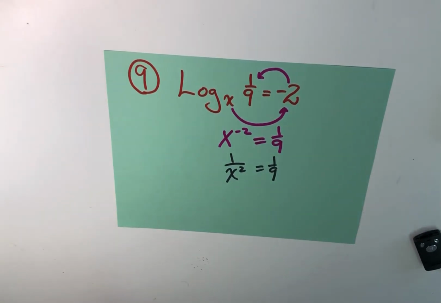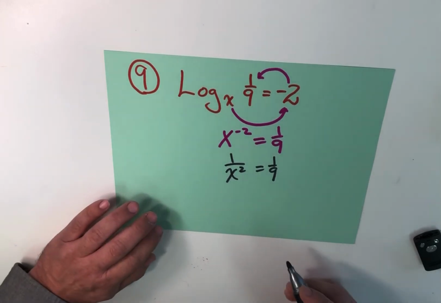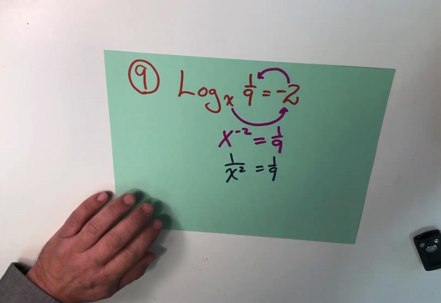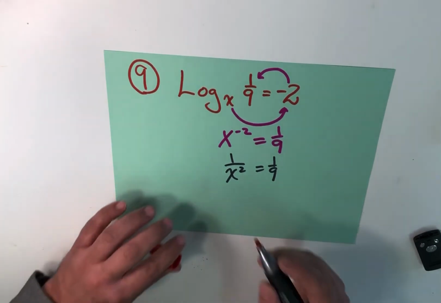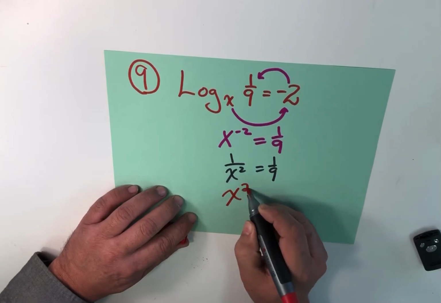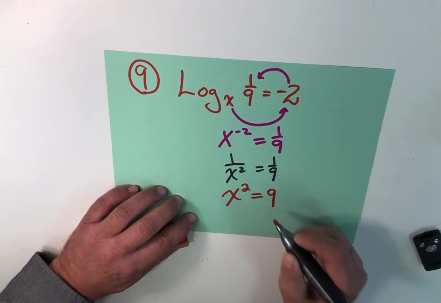Well, I recognize that they both are squares, so I could take the square root now, or I can change 9 into 3 squared, but I'm going to go ahead and do the opposite operation. And of course, the opposite operation of a square is square root. Or you can also sauce now if you wish. If you cross multiply, you get x squared is equal to 9.